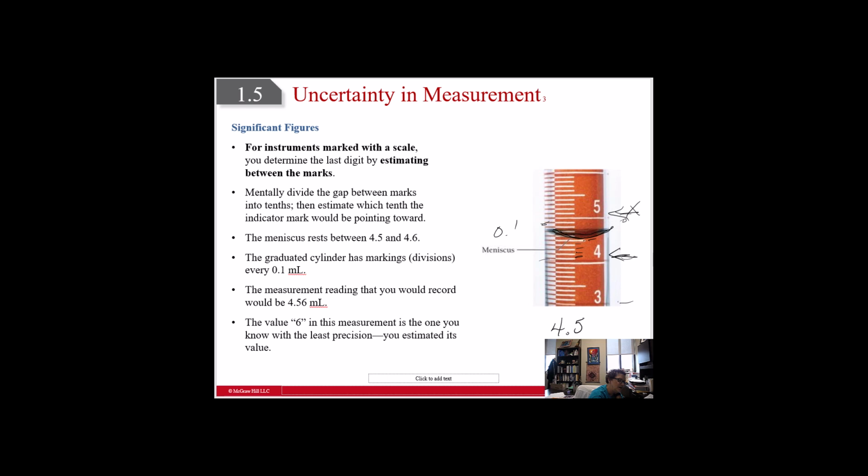So it's 4.5, and I think it's about halfway, so I'd call it 4.55. Now they're saying 4.56. That is the least precise number that you estimate. I might think it's a 5, you might think it's a 6. That's where the unknown or inexact part comes from, because it depends on who's using the measuring device and how accurate that measuring device is.